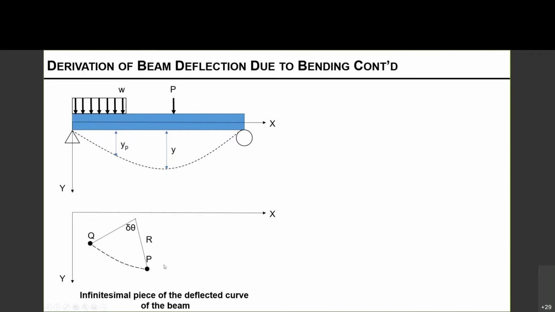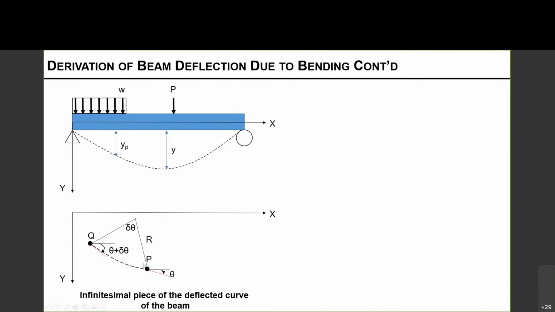If I look at the slope at P, the slope at P is basically given by the angle that it makes from the x-axis. So at P, the slope is theta. At Q, the slope is theta plus delta theta.